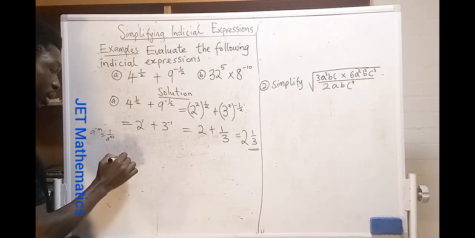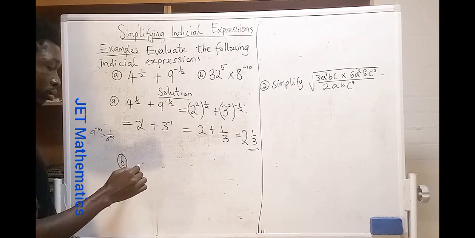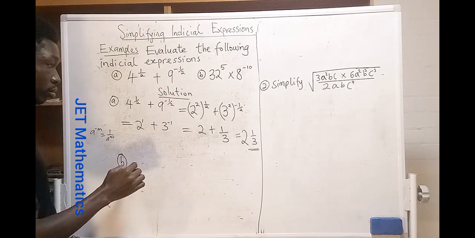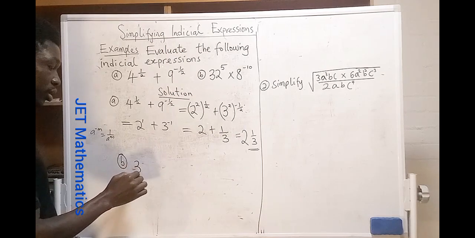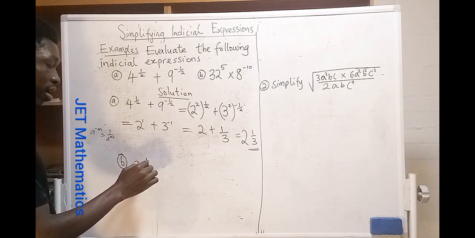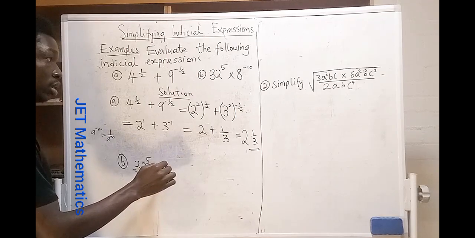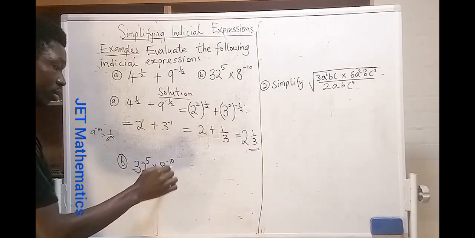So let's see the B part. B says 32 raised to the power of 5 times 8 to the power of minus 10.